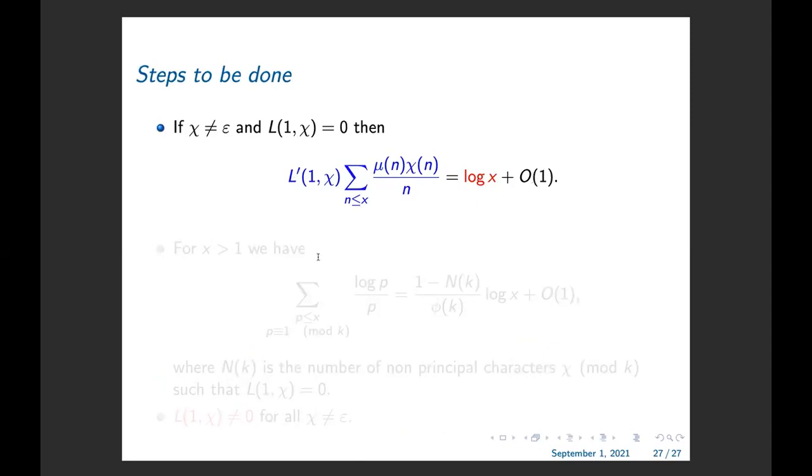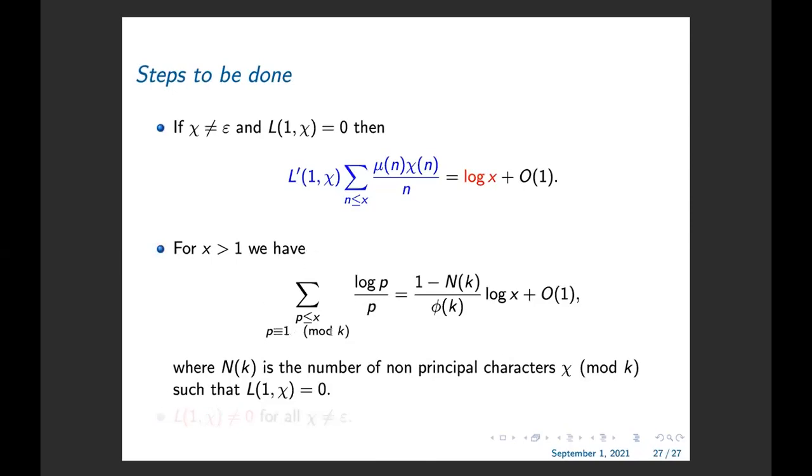And then ultimately, what we will show is that this identity, when we consider h as 1, would be equal to log x plus big O of 1, where n_k is the number of non-principal characters χ modulo k such that L(1, χ) equals 0. So if we can show that n_k equals 0, that is, there is no non-principal character χ for which L(1, χ) equals 0, then this would be 0.